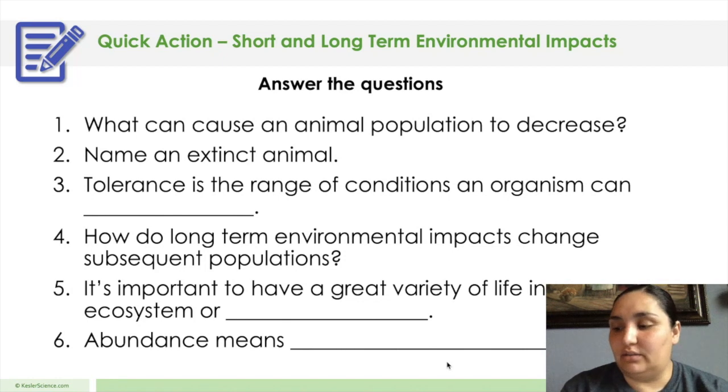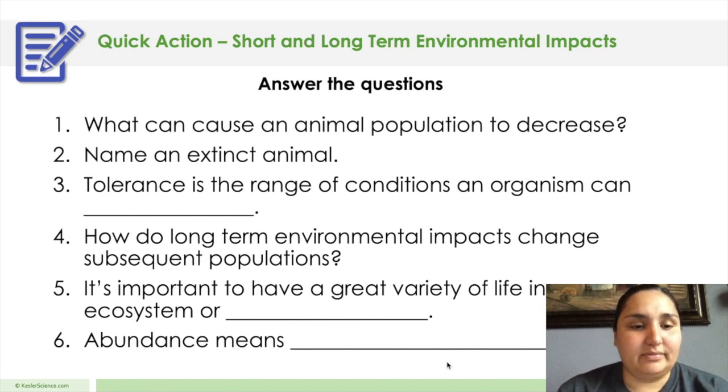Or they're just going to be completely wiped out. That's the answer for number 4. It can cause physical changes in their DNA, which would cause an adaptation or a mutation, or some sort of extinction, or they just completely be no more.